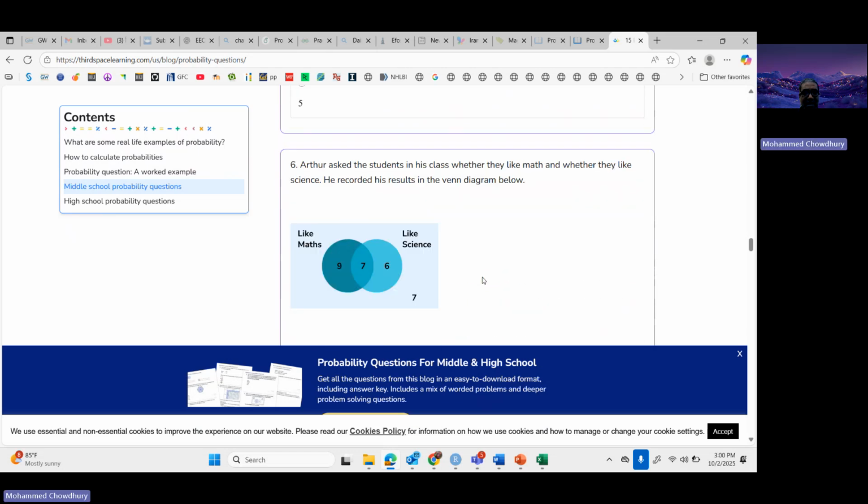Okay, let us do these. Athar asked the students in his class whether they like math or whether they like science. He recorded his result in the Venn diagram below.